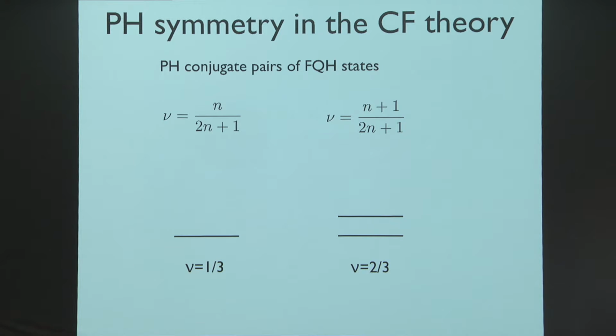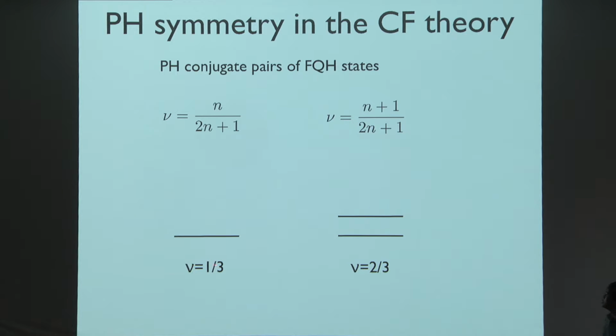But in the composite fermion theory, there is no sign of such a symmetry. For example, if we look at the filling fractions nu equal n divided by 2n plus 1 and nu equal n plus 1 divided by 2n plus 1, which should map to each other under particle-hole symmetry, in the composite fermion picture they look very different.